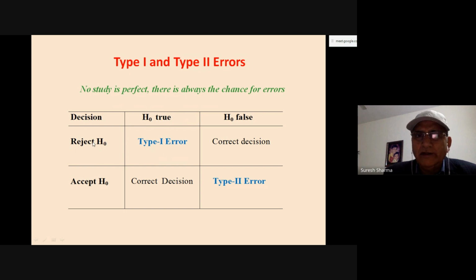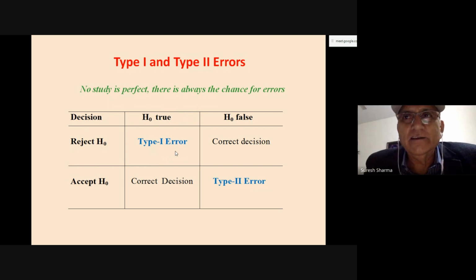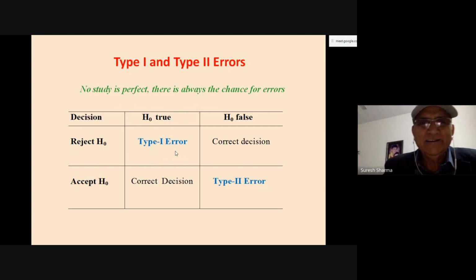Something was of good quality, it has been rejected. And then if a not very good faculty is selected, the university or college has to suffer for how many years? 30, 35 years, deadwood planted for 35 years, right? Because you have committed the type 1 error right in the beginning. Very serious error. What is type 2 error?